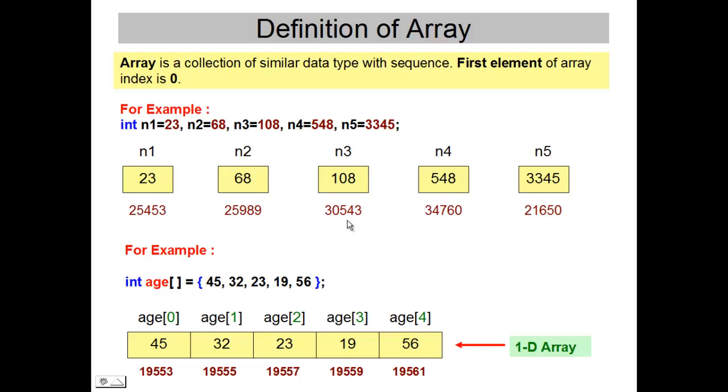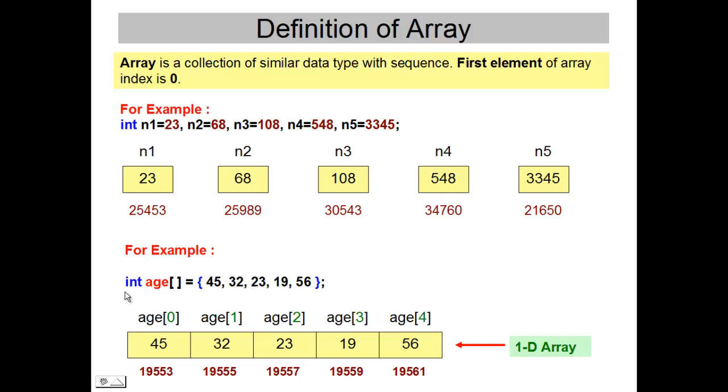Now if I want to store 100 numbers, 500 numbers, 1000 numbers, we cannot create individual variables in code. So at that time we create an array of numbers, like here for example an integer array whose name is age, with square brackets, and 5 values inputted by default: 45, 32, 23, 19 and 56.